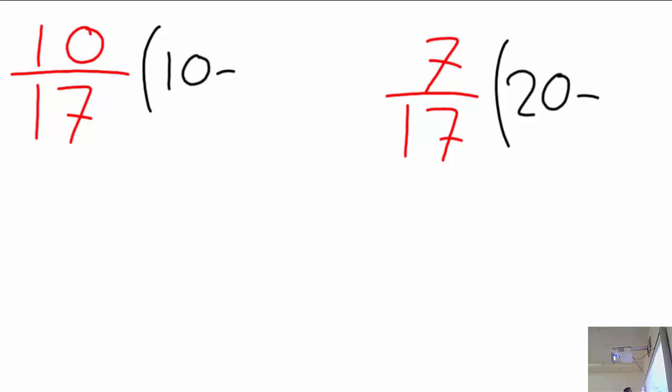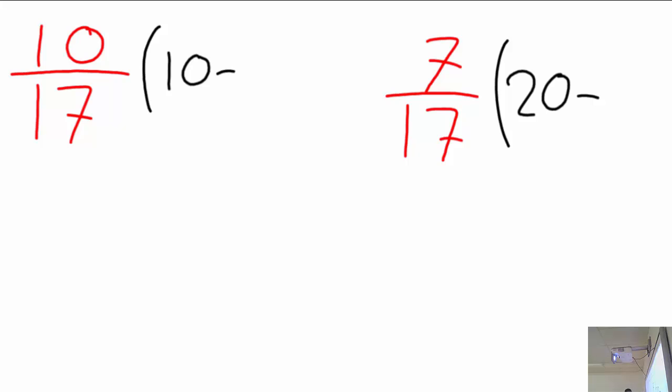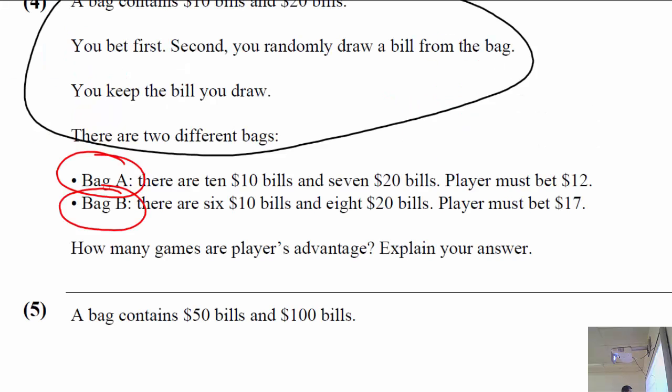The subtraction comes from the formula, and now I'm going to write down how much money I will lose, your bet money. So let's figure out what your bet money will be. There are 10 $10 bills and 7 $20 bills, and the player must bet $12.